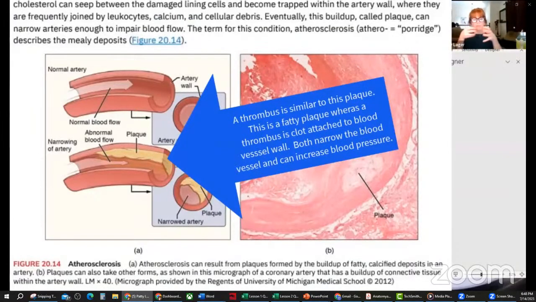And when it builds up there, it's in the blood vessel wall, that's a thrombus. And so if it builds up too much though, even if it's attached to the blood vessel wall, when it gets big enough, then that thrombus can also block blood flow. So a thrombus can be dangerous, but when it's circulating, it's a little bit more dangerous, if that makes sense. All right, and then let's see what else we have.